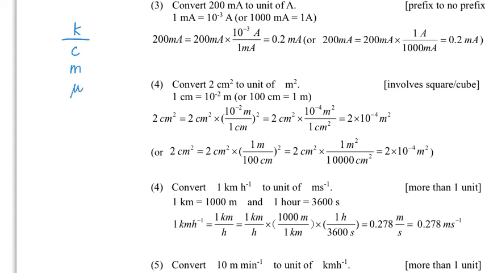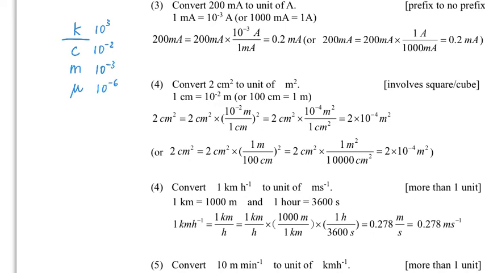k stands for 10 to the power of 3. c stands for 10 to the power of minus 2. m stands for 10 to the power of minus 3. And mu stands for 10 to the power of minus 6.